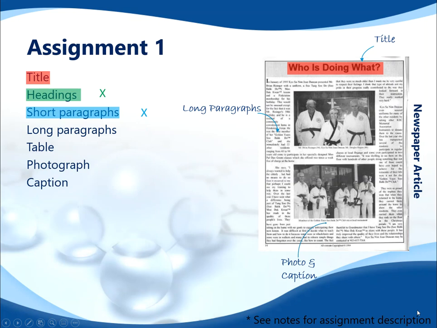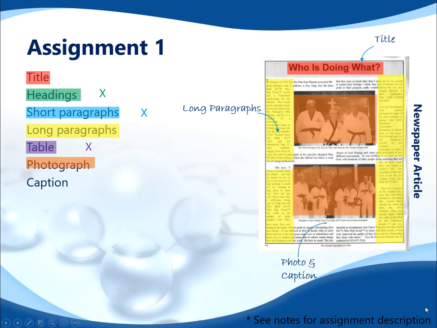It doesn't have short paragraphs, it just has a story, it just has a story. Yeah, long paragraphs. No table, nobody wants to read a newspaper in the morning and try to work out data in some table. They just like a picture. Picture is really good. Right, so no table, but we do have a photograph. And we will have a caption as well.